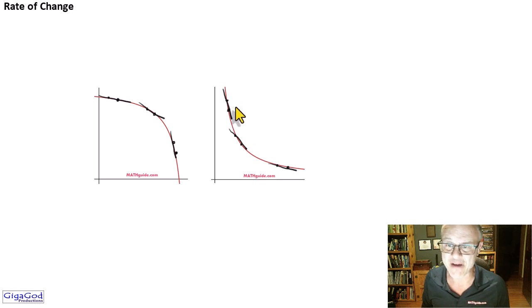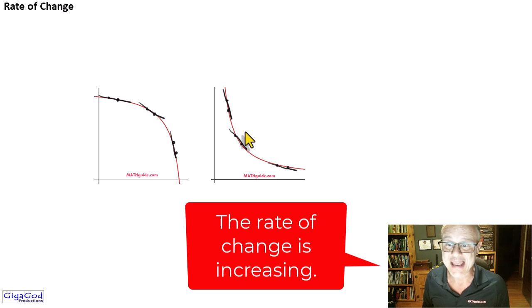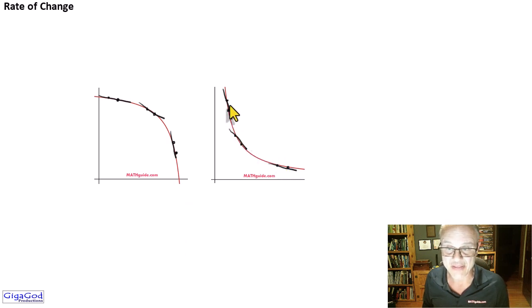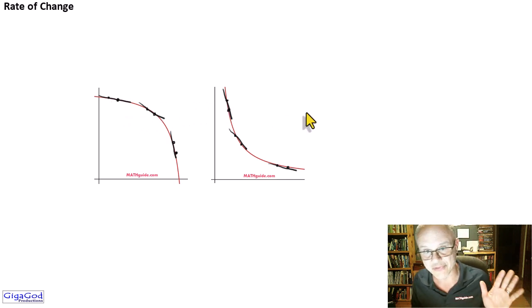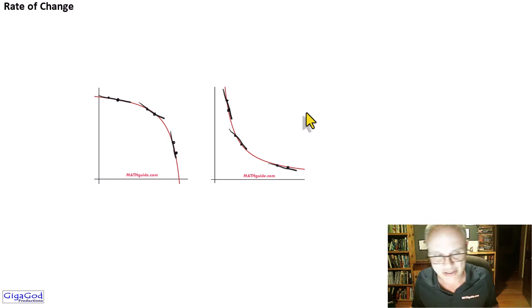So you're going from a very negative slope to almost zero. This actually is increasing in its rate of change. The rate of change is increasing. Okay, that's very strange, right? So whether a curve is increasing or decreasing has nothing to do with how the rate of change changes. And that's what we're looking at.